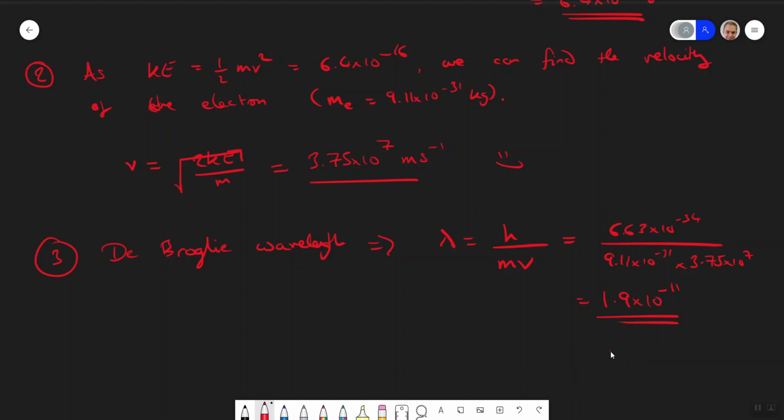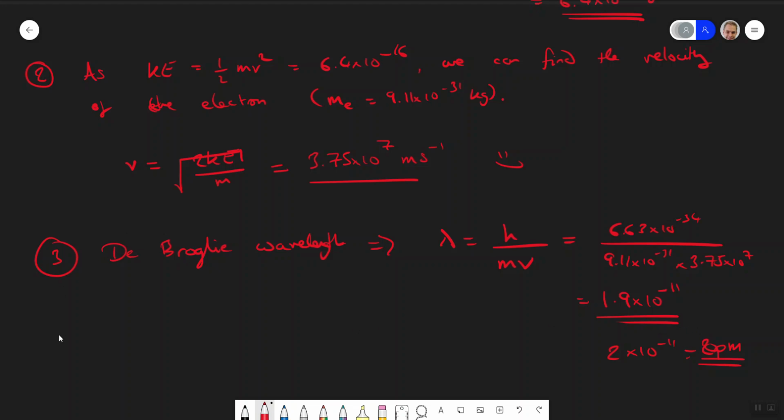So you're getting about 2 times 10 to the minus 11. So we're looking at picometers, about 20 picometers. So it's tiny, which is roughly on the order of the size of an atom, which is great.